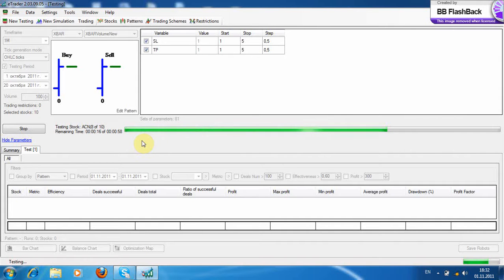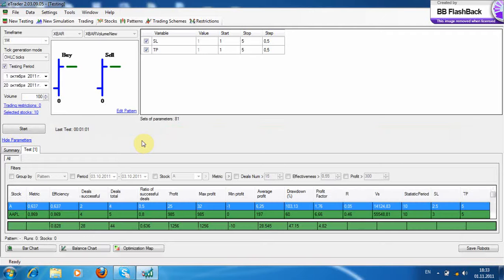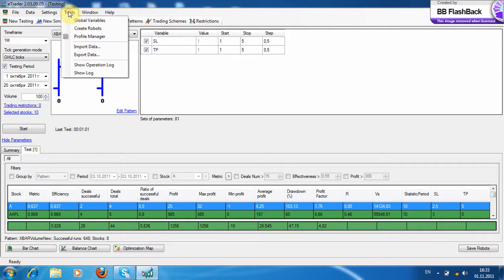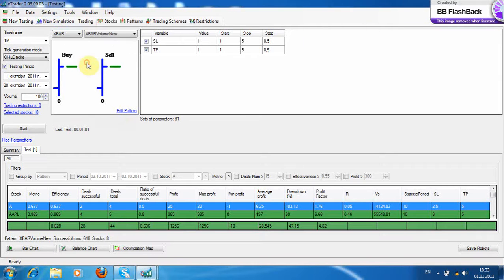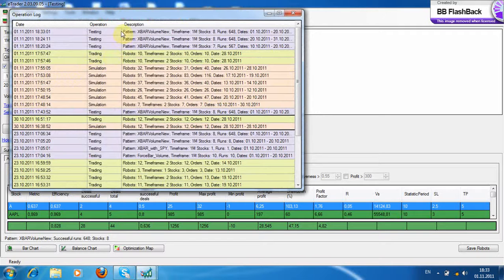Actually, during the work on the program, we test several thousand stocks and for several years. And as you see, the test is finished and we can see the result of the testing in our operation log.